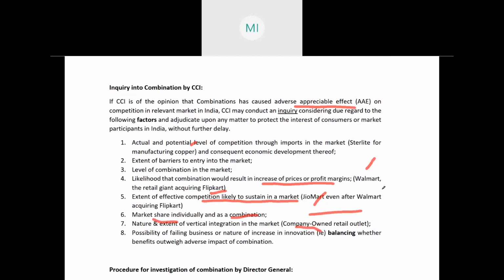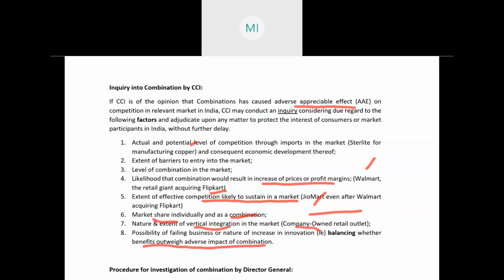So if they both combine by way of vertical, you remember this horizontal and vertical agreements, right? Same way, if there is a merger of Maruti and Nexa showrooms, that is what company owned retail outlets. What is the impact which it happens? They will balance whether benefits outweigh the adverse impact.